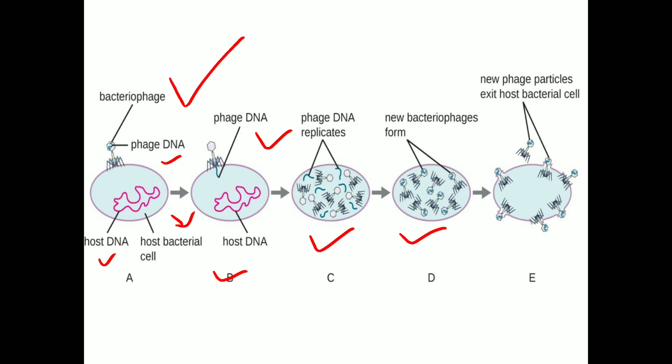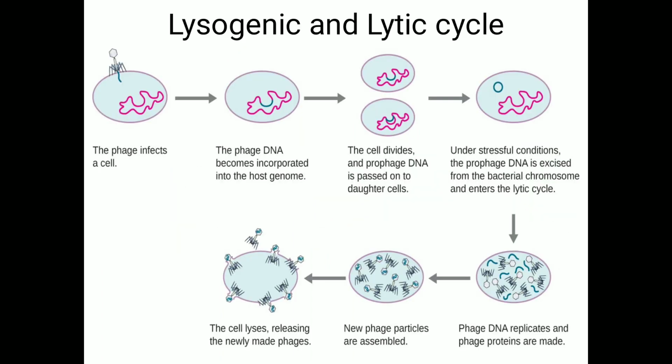And when the lytic cycle is completed, they enter into the lysogenic cycle. So in the lysogenic cycle, the phage DNA infects a cell, the same procedure, and enters inside the cell. Second, the phage DNA, or prophage, becomes incorporated into the host DNA or genome.